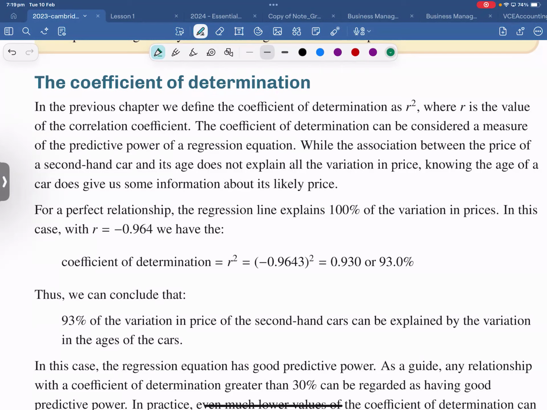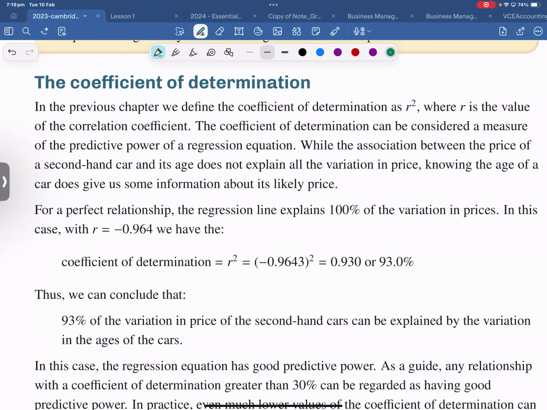Yeah. Alright, guys. Then, what is coefficient of determination? Yes. What is it? R square. What is R square? What is R? R is the correlation coefficient, which explains the relationship between the two variables. What variables? X and Y. Which variables? Tell me another name. The dependent and independent.